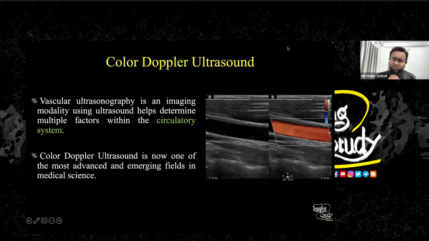Color Doppler ultrasound is a very popular ultrasound technique nowadays to see the circulatory system. We use it a lot in our daily life, and this is one of the most advanced and emerging fields in medical science. So be careful, and if you are not planning to develop yourself in color Doppler ultrasound, you should think it twice.